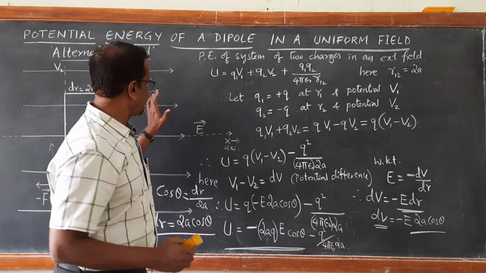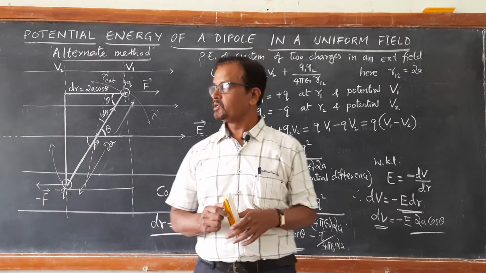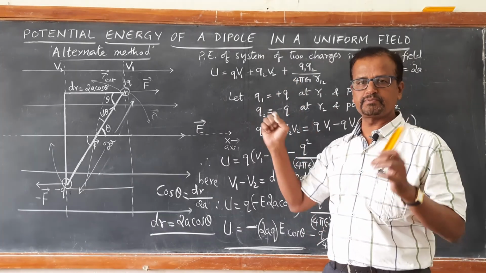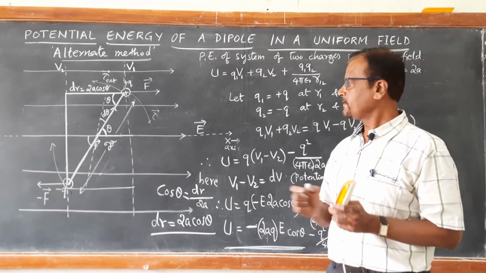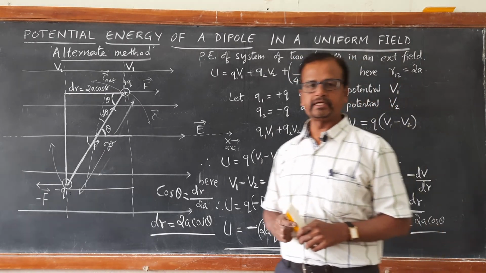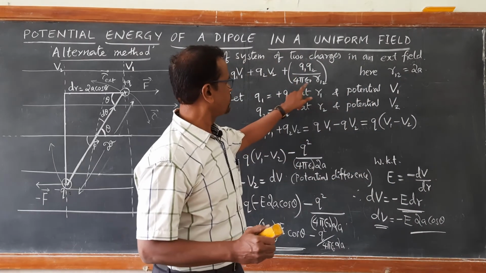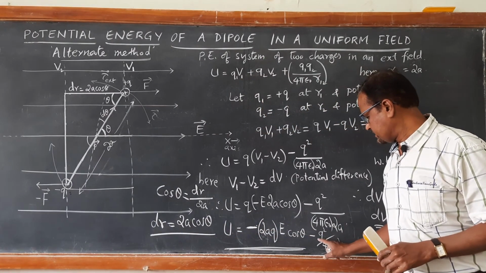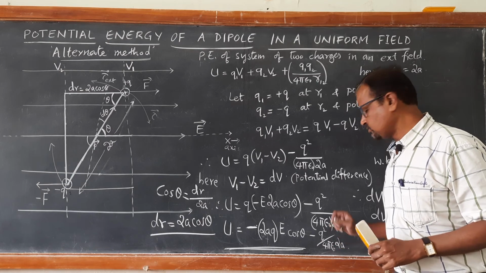When we derive this potential energy using the previous concept of a system of two charges placed in an electric field, we get an additional term. This additional term q1 q2 upon 4 pi epsilon naught r12 is nothing but minus q square upon 4 pi epsilon naught 2a.